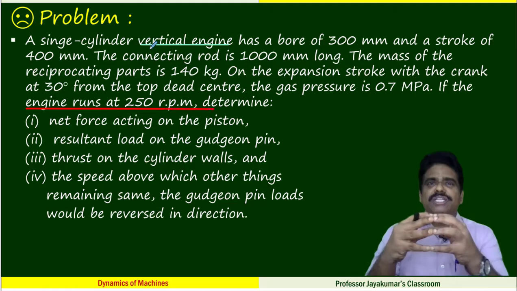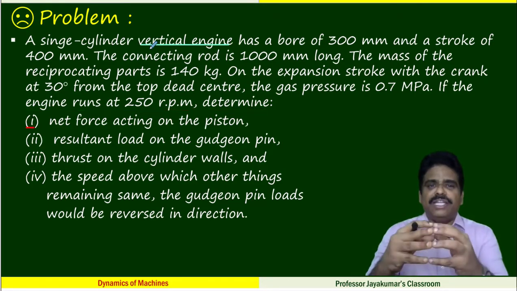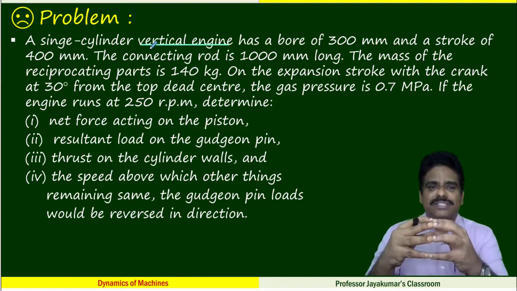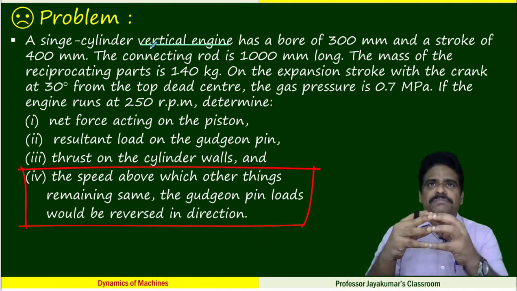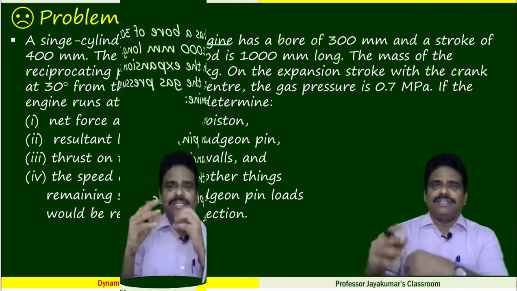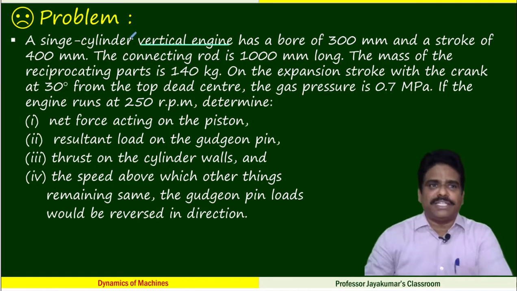If the engine runs at 250 RPM, determine net force acting on the piston, resultant load on the gudgeon pin, thrust on the cylinder wall, then finally one more question. Is that clear? Let us identify the given data.